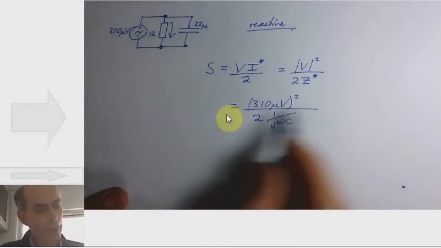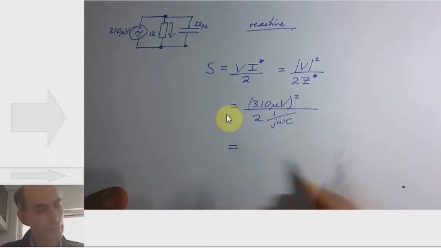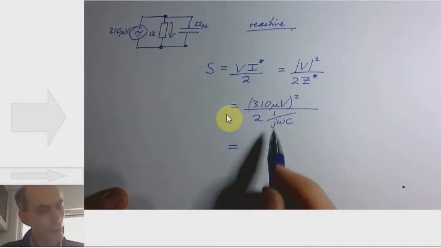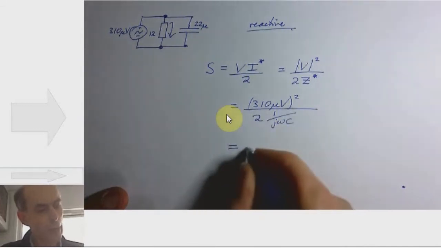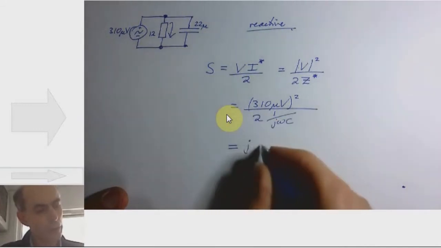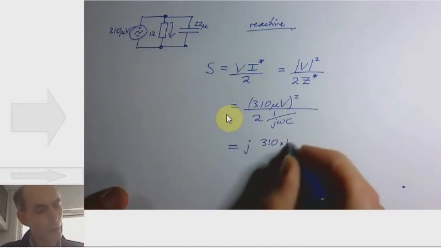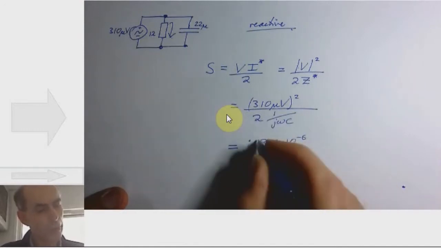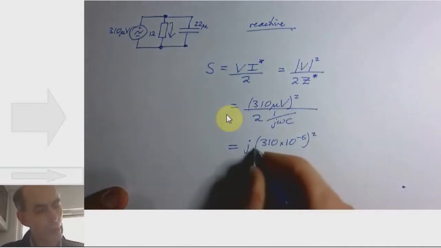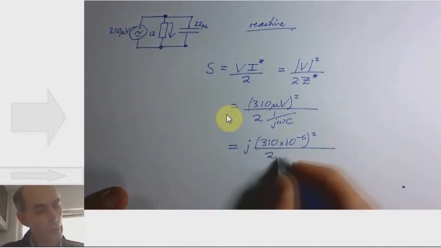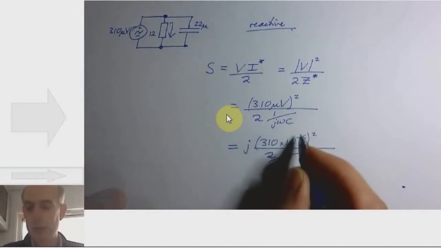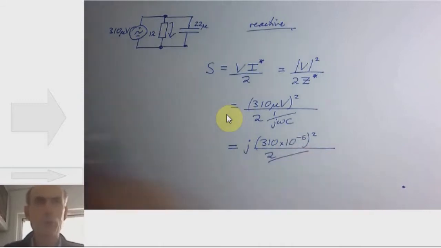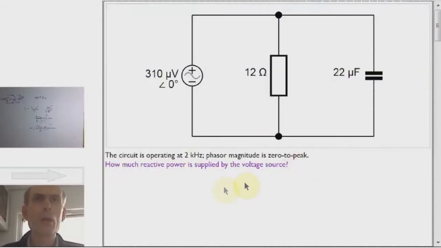How big is that in terms of its imaginary component? Well, that's going to be, let's see, multiply top and bottom by j. I will get j times 310 times 10 to the minus 6, because it's micro, squared, divided by 2 over omega C. Well, the frequency that I'm operating at here, if I go back and have a look at the question, was 2 kilohertz.